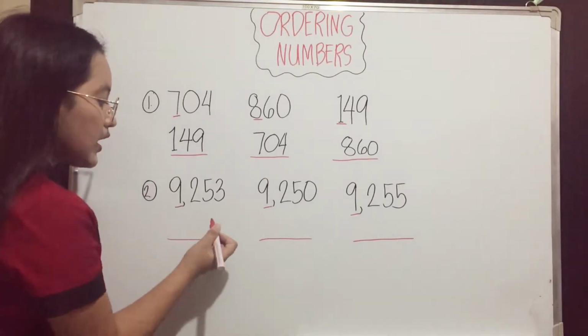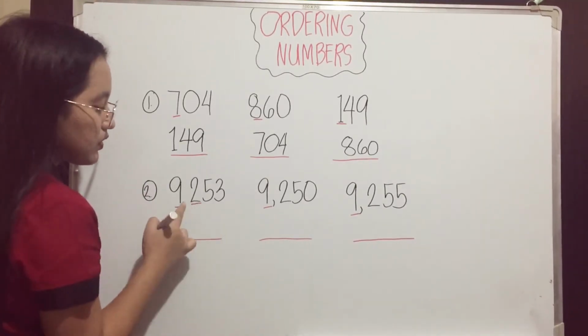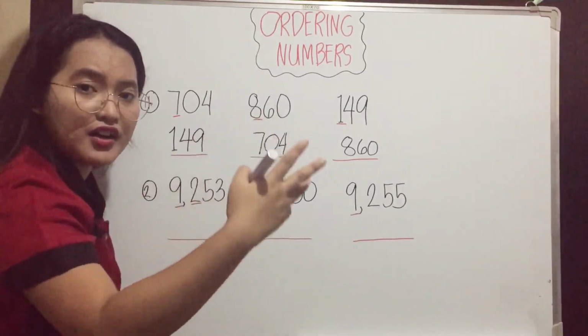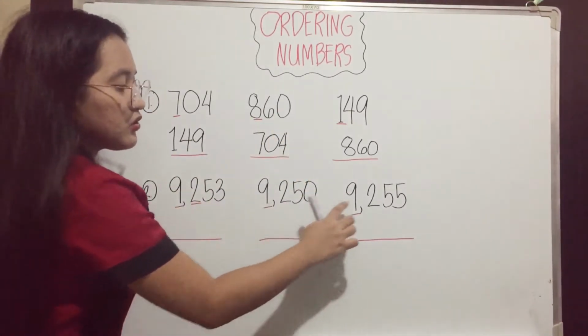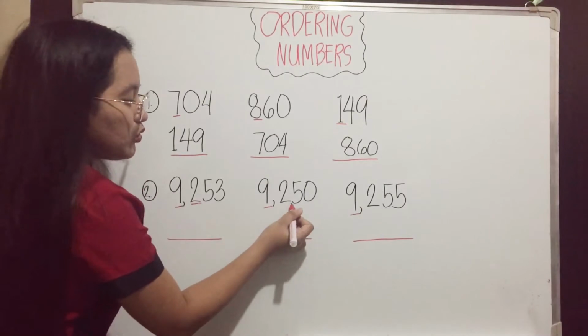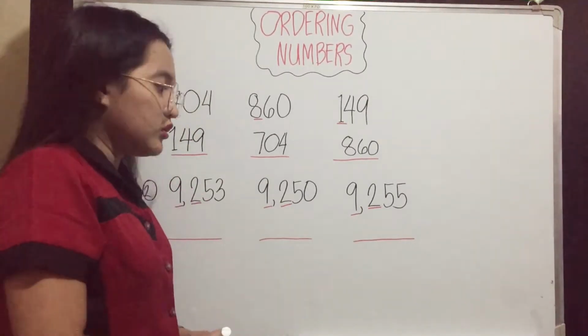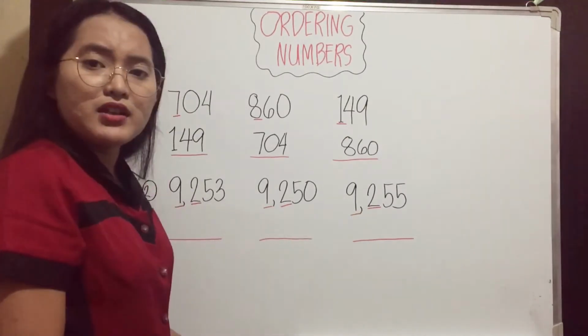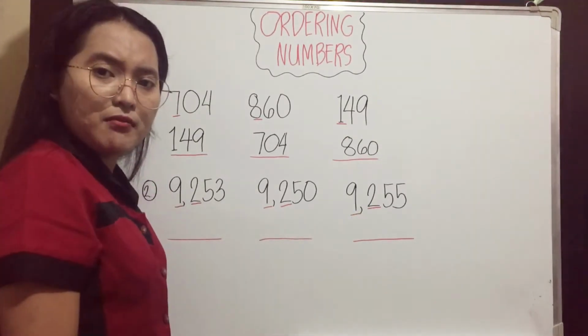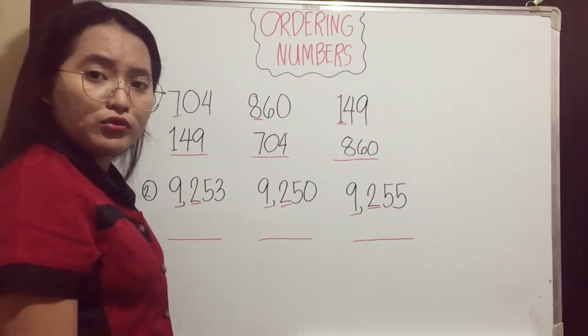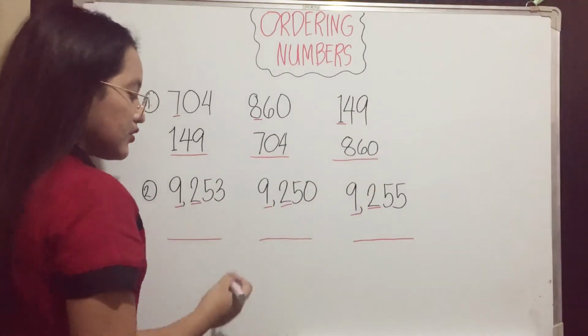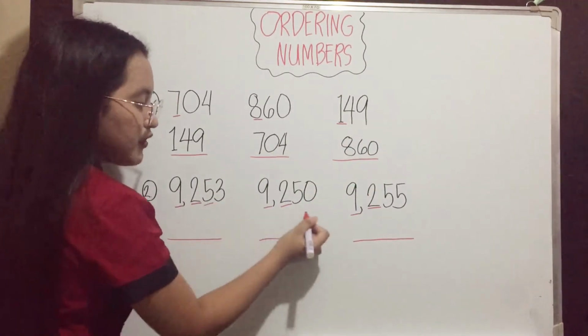Because the 9s are the same, let's proceed to the next number, 222. What did you observe? Very good. The three still have the same number. So what are we going to do? Proceed again to the next number.